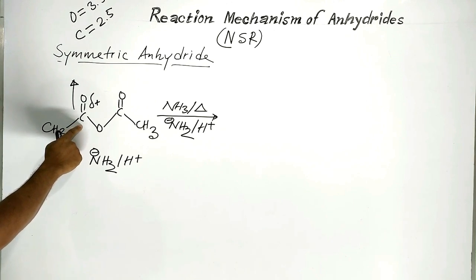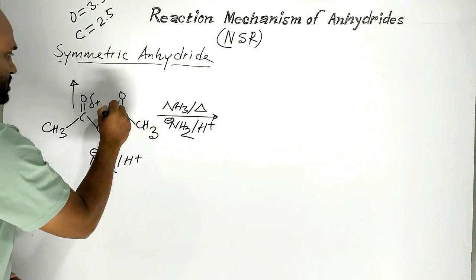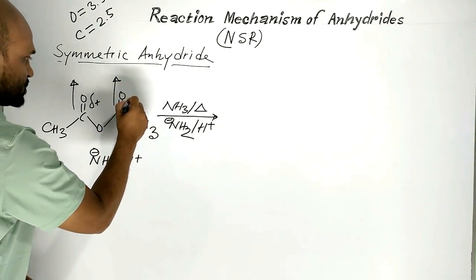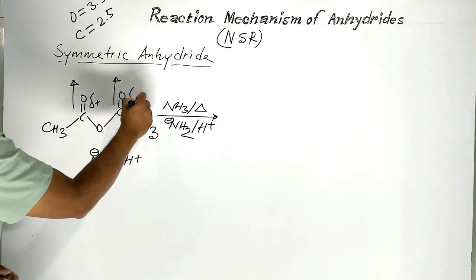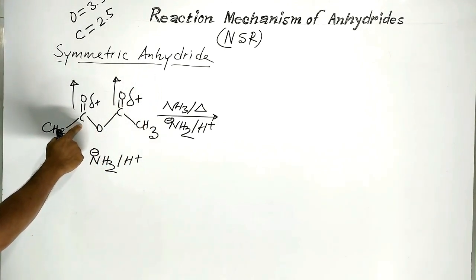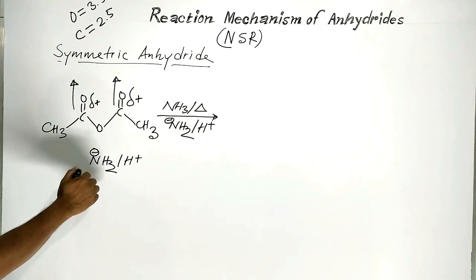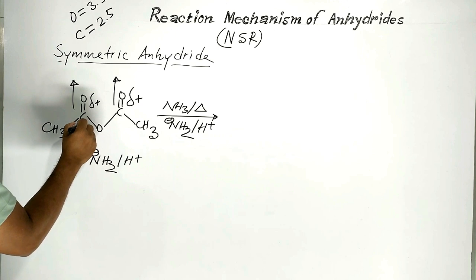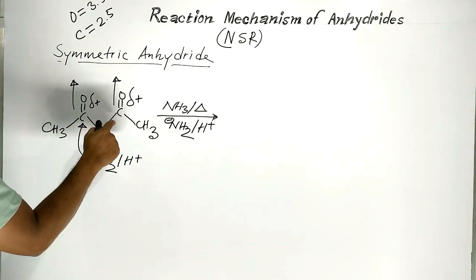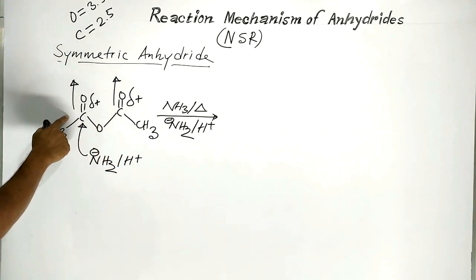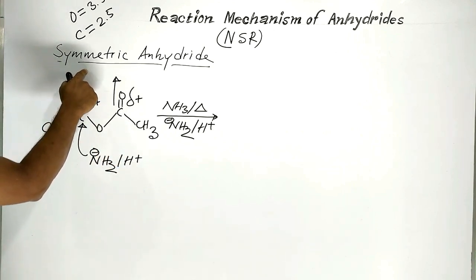That is why this functional group carbon becomes positive in charge. Similarly, this functional group carbon becomes positive in charge. Because of this positivity, azanide ion, nucleophile, will attack this carbon or this carbon because this is a kind of symmetric anhydride.